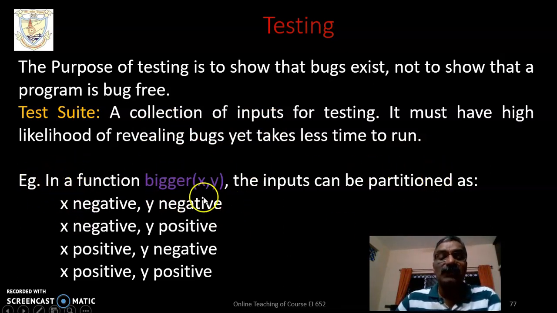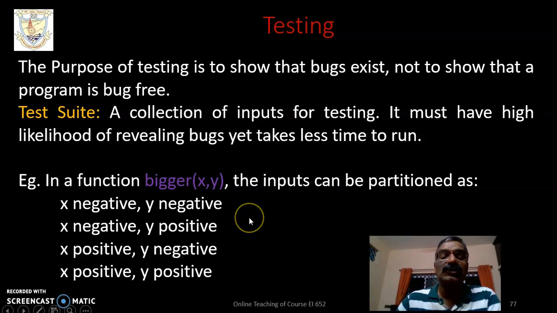So let us take a simple example. This program we have written even in microprocessor and microcontroller. If I want to find the bigger of two elements, I have written a function. I call that function bigger. There are two parameters here, x and y. These are the two inputs. Now what we normally do, to find out the biggest of the two elements, is give two positive numbers, one smaller and another bigger.